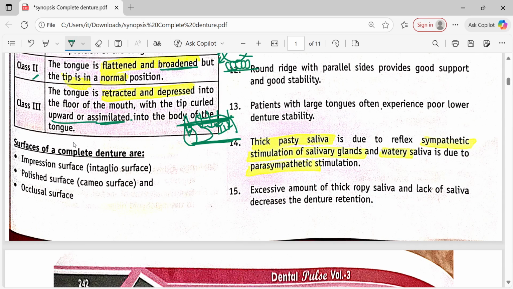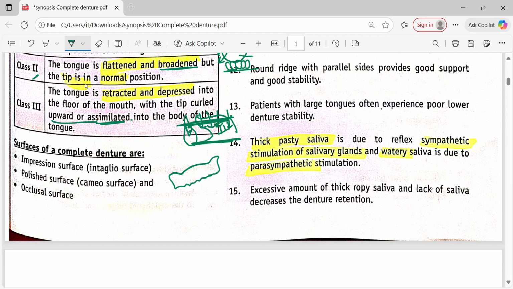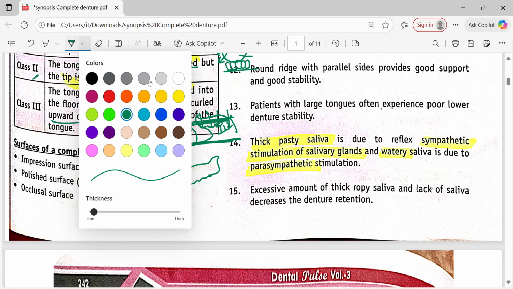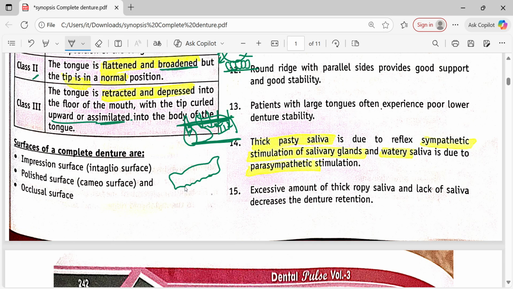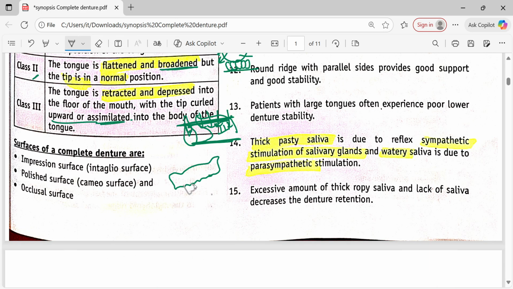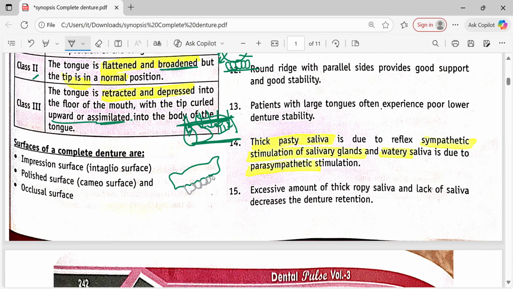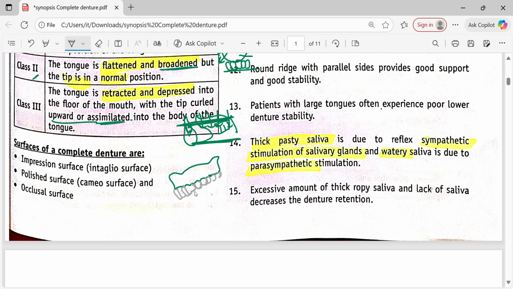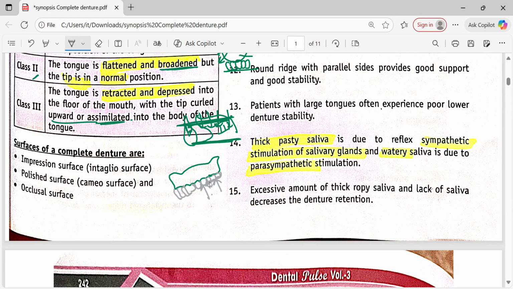Now the second is the surfaces of a complete denture. As you know, if this is your complete denture, these are your teeth. So you first have the occlusal surface, which will be on the teeth.